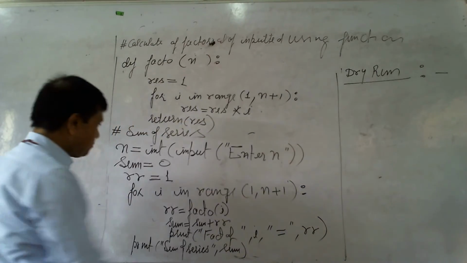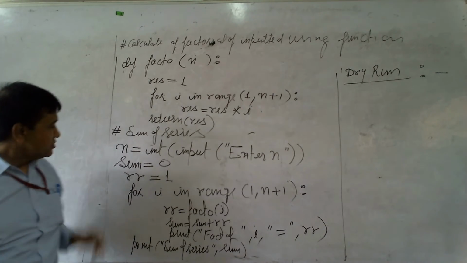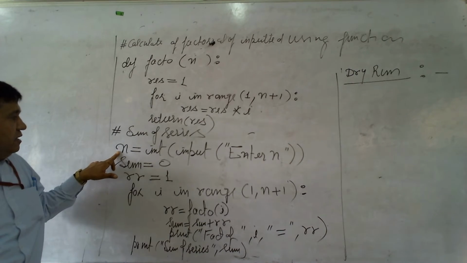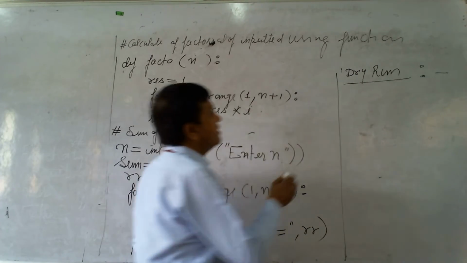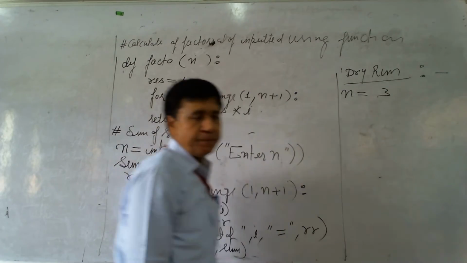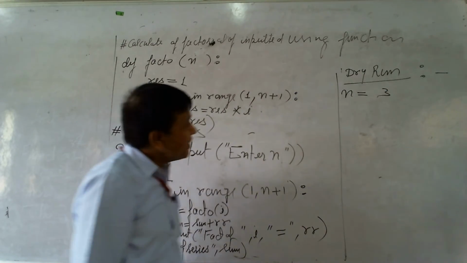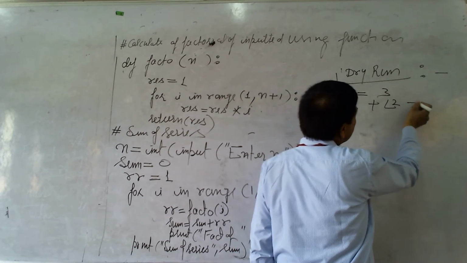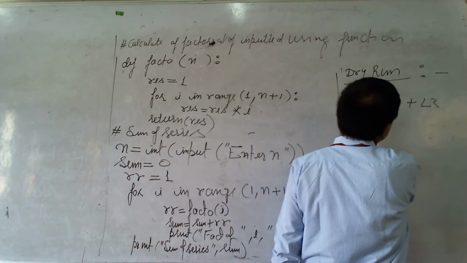When I execute this program, first of all this statement will be executed. Let us say I have taken n equal to 3. It means what I have to do is calculate the factorial of 1 plus factorial of 2 plus factorial of 3.